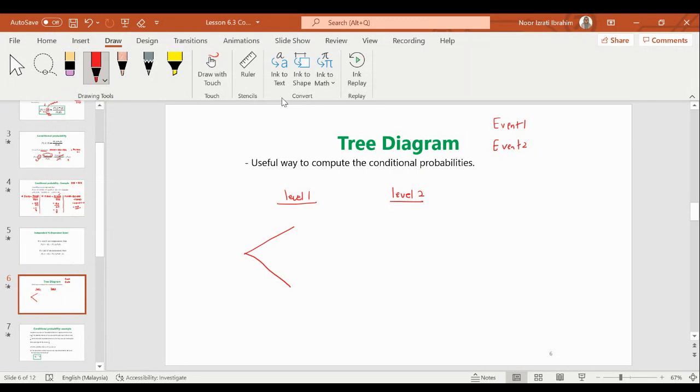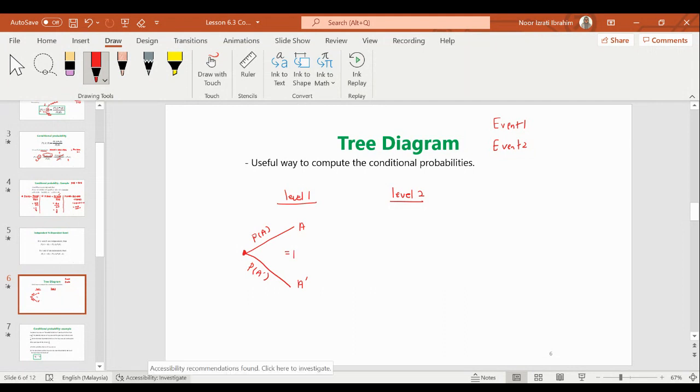For example, level 1 is event A, with the outcomes A and A prime. The branch from the starting point to A is the probability of A, and this one is the probability of A prime. You must know that the total probability when you sum up the branches here equals 1.